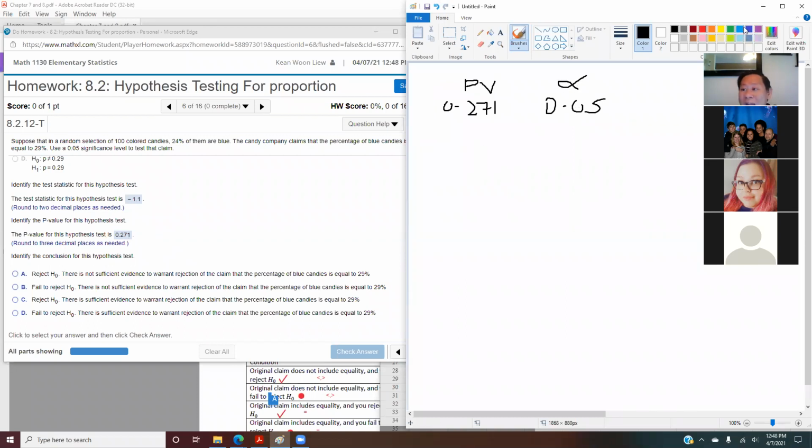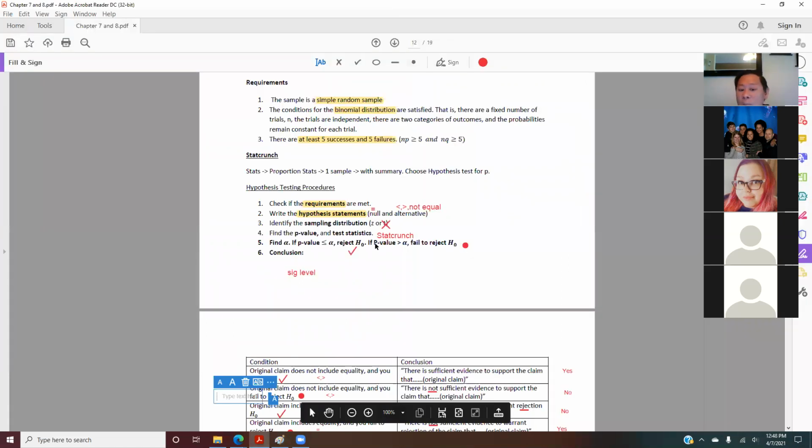So now you have to figure out: is this number less than or greater than 0.05? Yep, this is greater than. So since your p-value is greater than alpha, we will fail to reject H0.